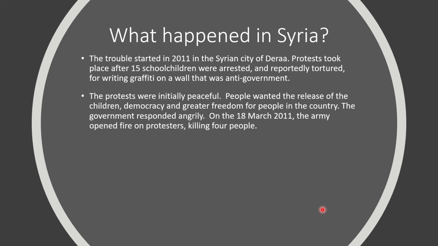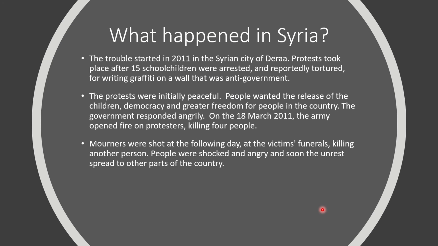The protests initially were calm and peaceful, but for reasons which I think it would be difficult to give real clarity to, the situation did not improve, and soldiers opened fire on the protesters, and they killed 4 people.